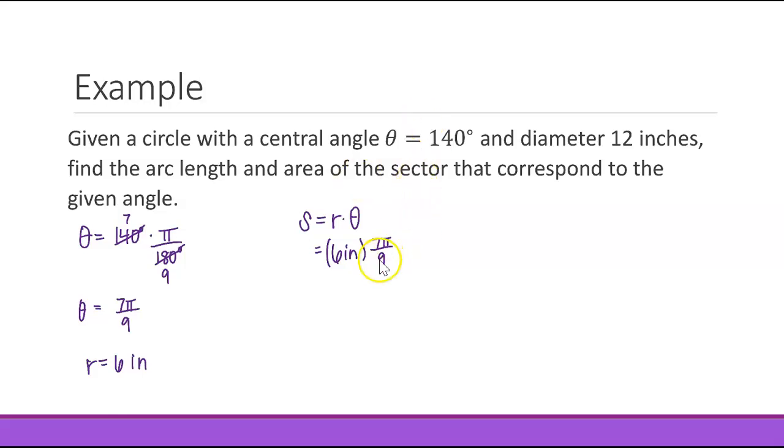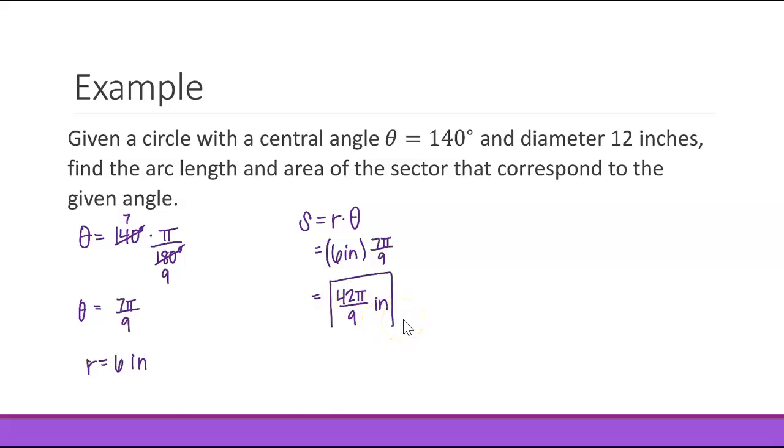And this is why it's so important to use radians, because radians are unitless. We wouldn't want to have degrees here. That wouldn't make sense, to have inches degrees. So now we just have inches. So we're going to multiply just the 6 and the 7. So we end up with 42 pi over 9 inches. So this is my exact answer.